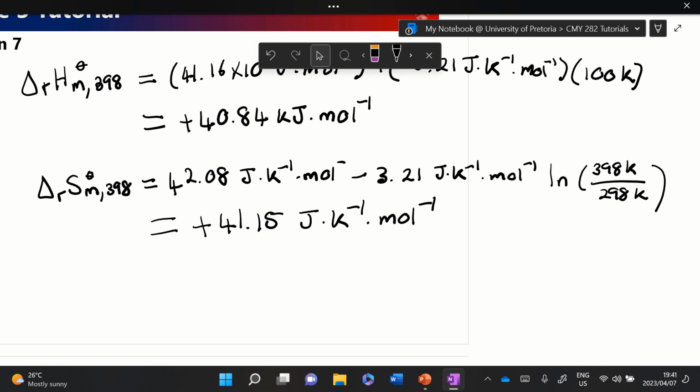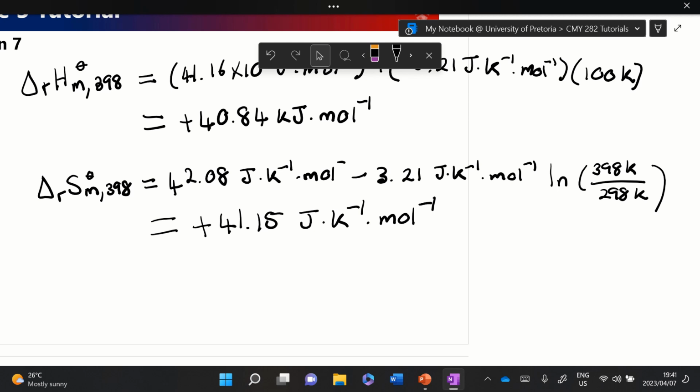And there's less increase in the disorder at the higher temperature. It's also interesting for a reaction which is mainly gases.